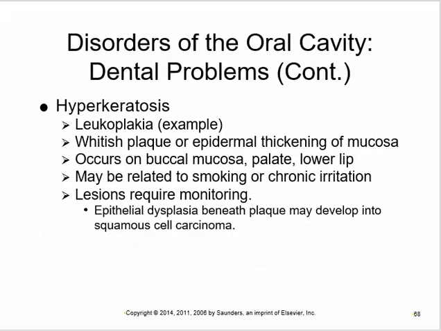Hyperkeratosis is a condition where, just like it sounds, the keratinocytes in the mucosa build up. So leukoplakia is a type of this on the buccal mucosa, so on the inside of the cheeks, on the palate, on the lip. It's probably got to do with chronic irritation. So smoking is a big problem here.